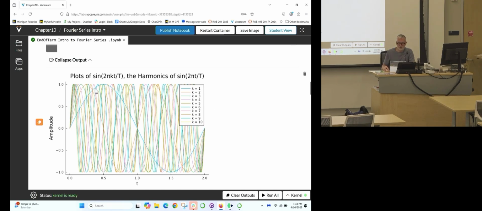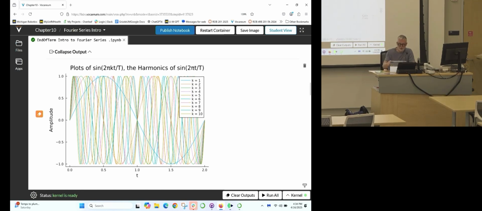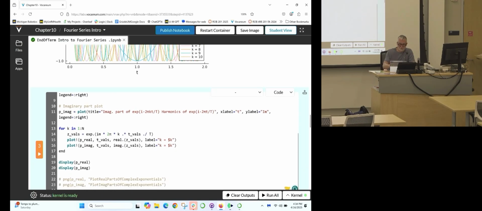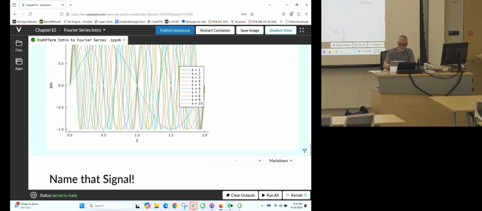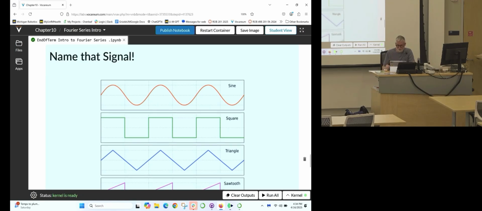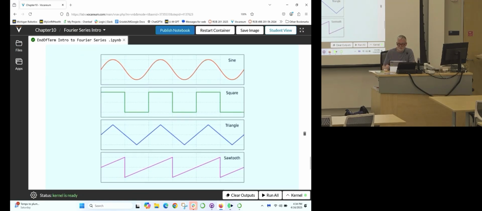So you can see the fundamental, and then with k equals 2, 3, and 4, etc. Cosine looks exactly the same. We'll come back to the real exponential. So what I want to do first is just to help you build up your intuition. Here's some standard periodic signals.